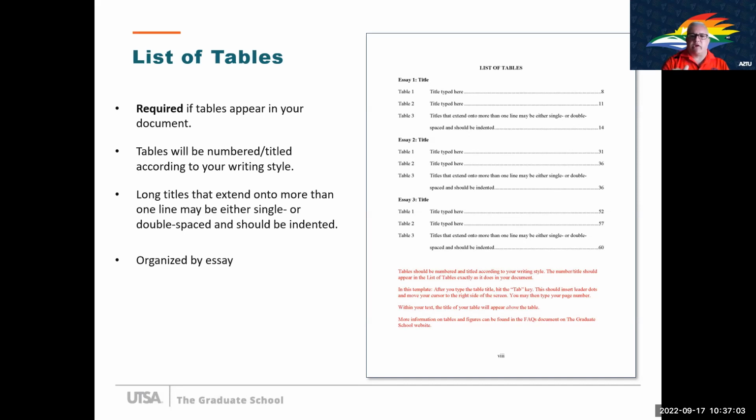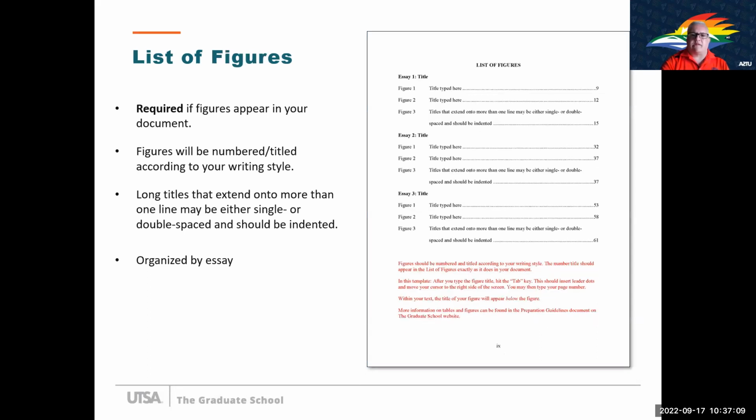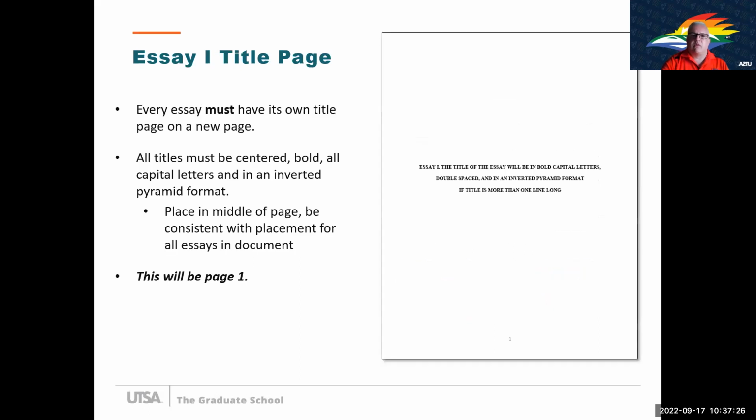So just make sure to include the essay number and title, which is again different from the standard. And then the list of figures is formatted exactly the same. Please note the list of figures and list of tables in both the standard template and the 3 essay each start on a new page. So you should not have list of tables and list of figures on the same page.